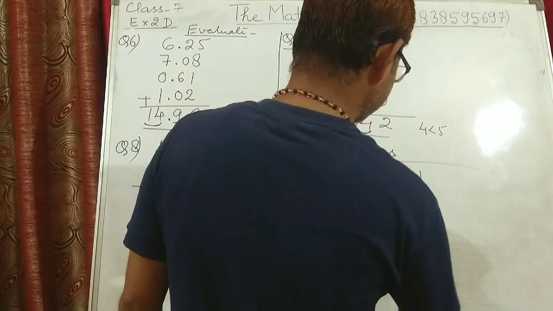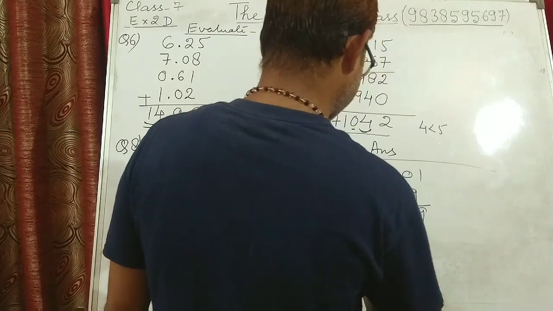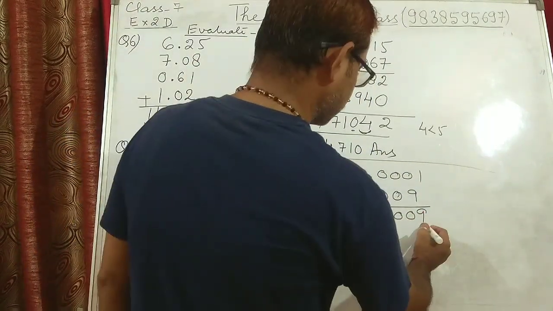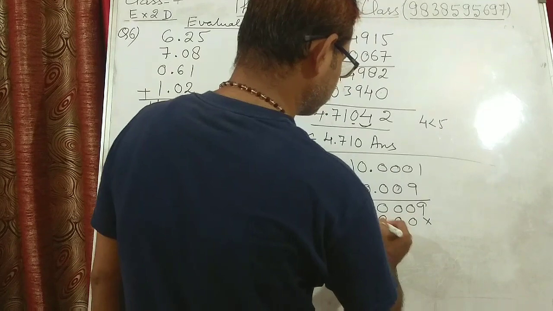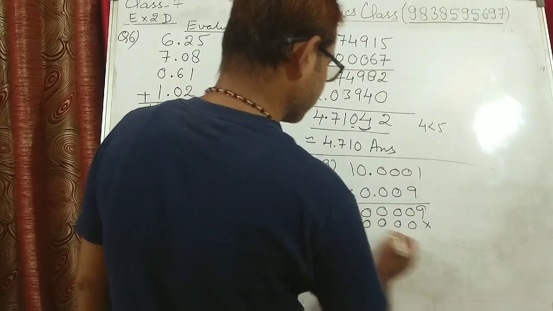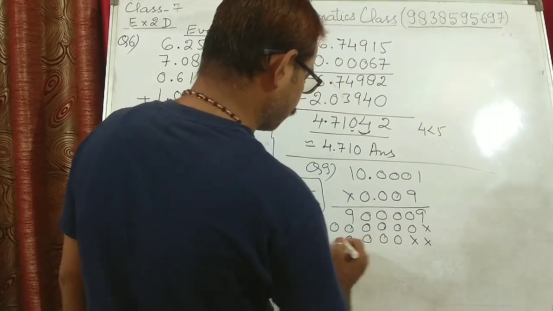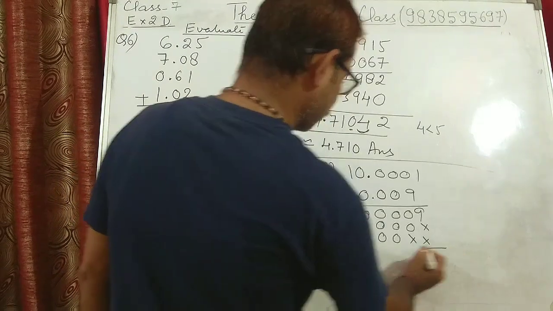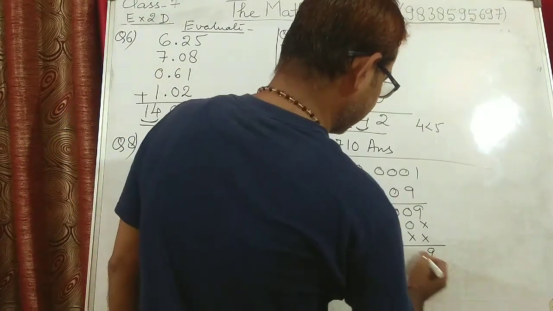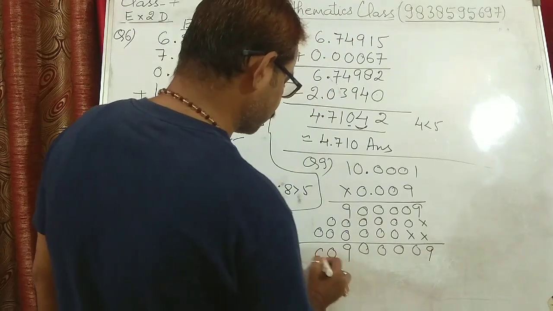So 9 ones are 9, then zeros, then 9. Then you put a cross, and multiply again by 2, and shift places. Now when you add, it will be 9, 0, 0, 0, 0, 9, 0, 0.